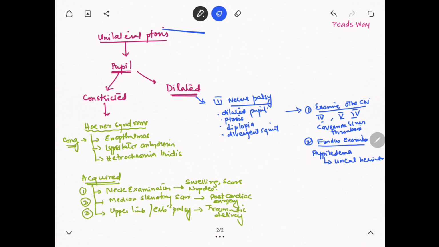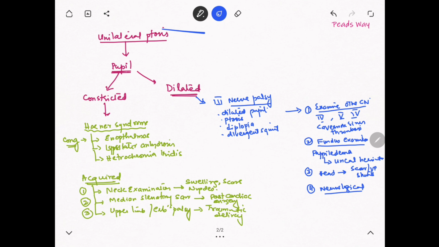And number three, you will look for head. In head, you will look for scars or VP shunts. And after all, you will do the neurological examination because the lesion can be anywhere.